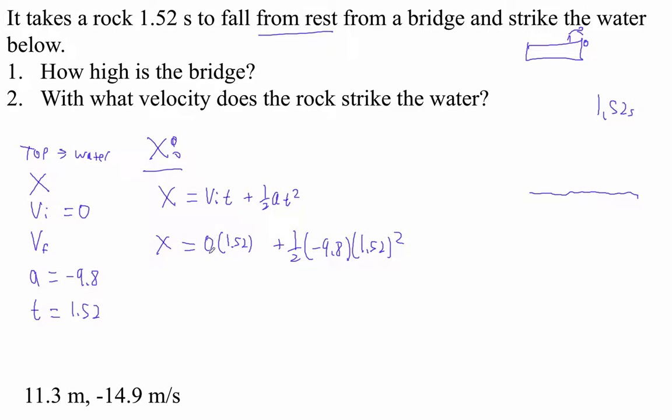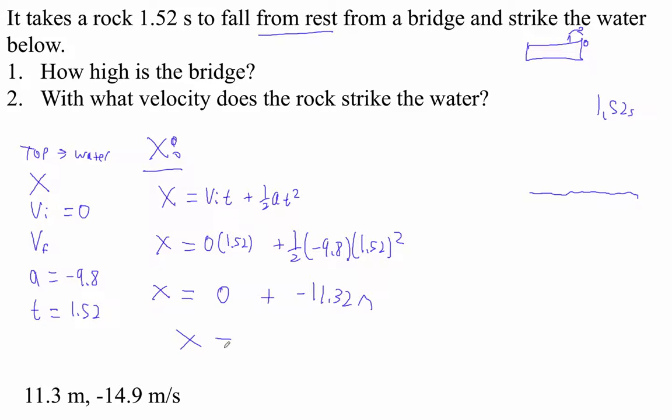Okay, now please keep in mind 0 times 1.52 is 0. It's not 1.52. So this is 0 plus 0.5 times negative 9.8 times 1.52 squared, which is negative 11.32, right?